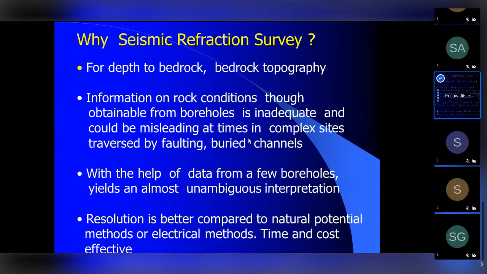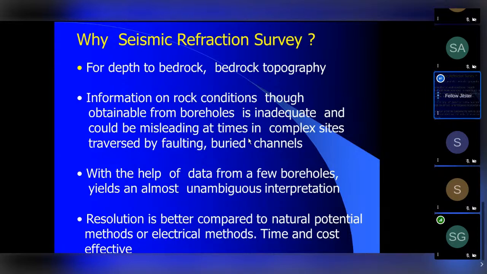Now, why seismic refraction? Just like we said, why gravity and magnetics? We said we do gravity and magnetics to find out the thickness of the sedimentary layer, for hydrocarbons. Didn't we say that? We do gravity to find out the thickness, or to find the presence of a fault.